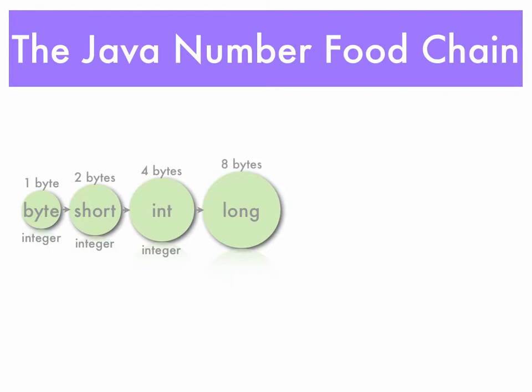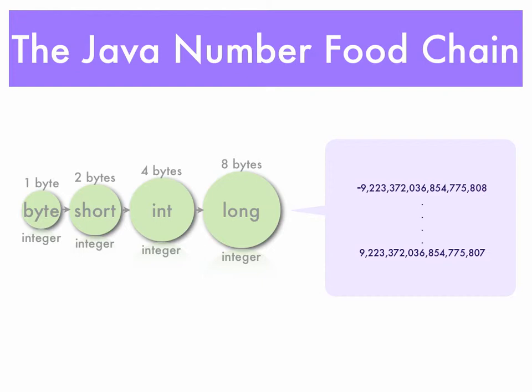Next in our food chain, the long. The long requires 8 bytes, also holds an integer, will hold a number in this range: negative 9,223,372,036,854,775,808 to positive 9,223,372,036,854,775,807.